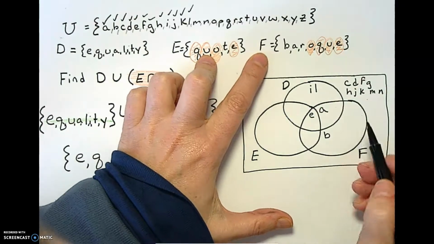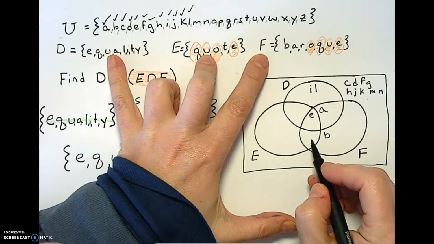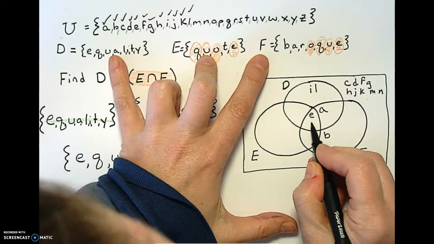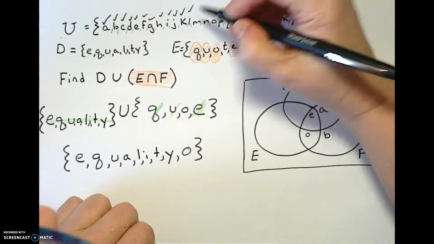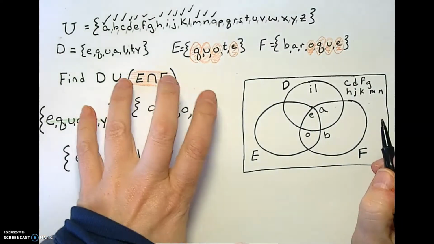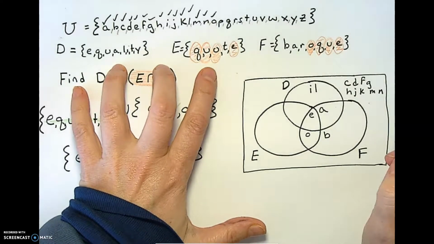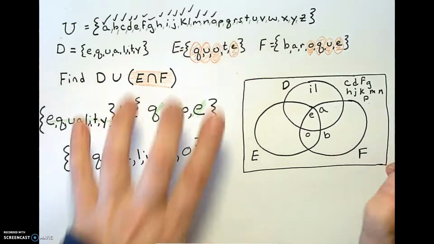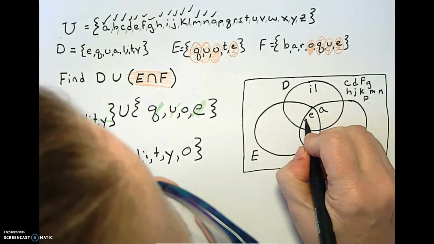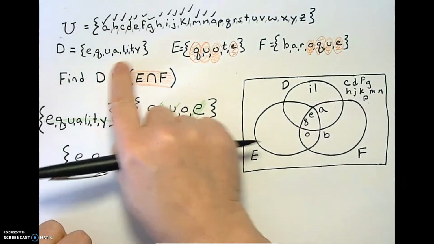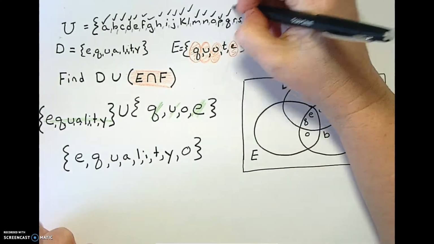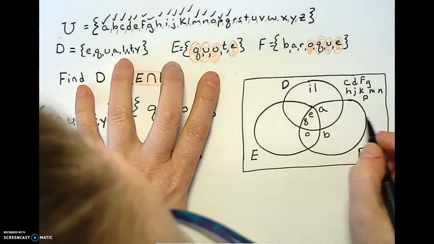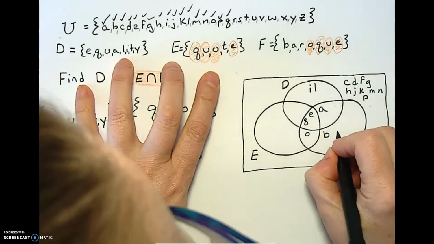So E and F, but it's not in D. So O needs to go here because it's not also in D. So there's O. P, Q. There's no P, but everybody has a Q. Okay, so Q is in all three places. R is only in Baroque. So R is only in set F.